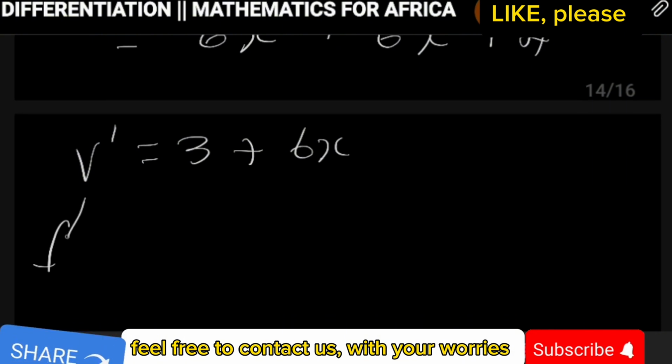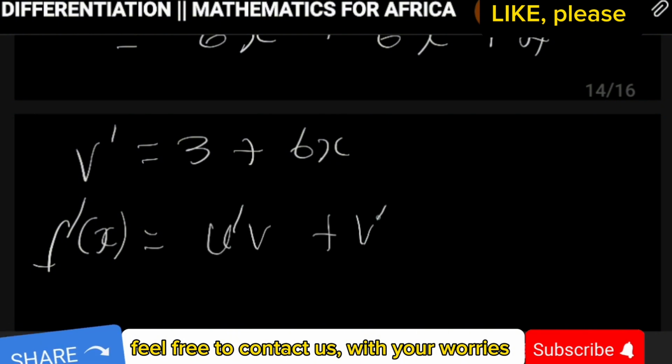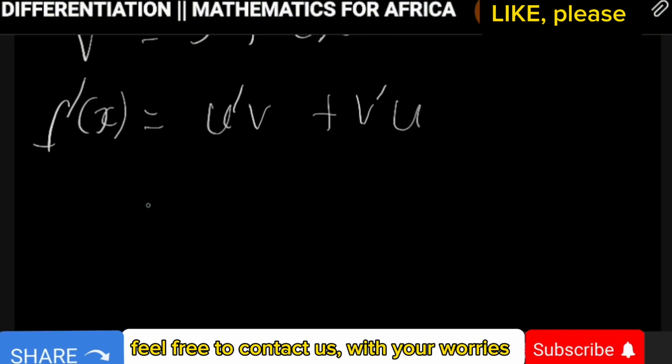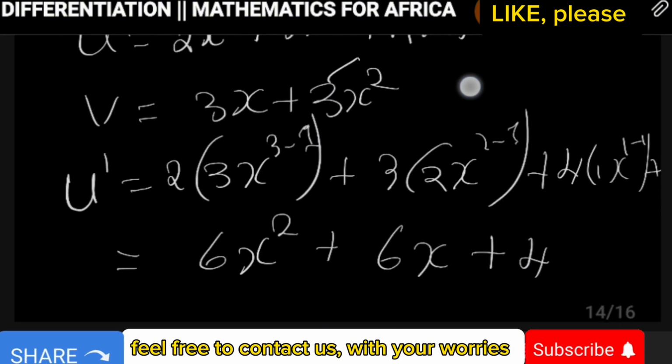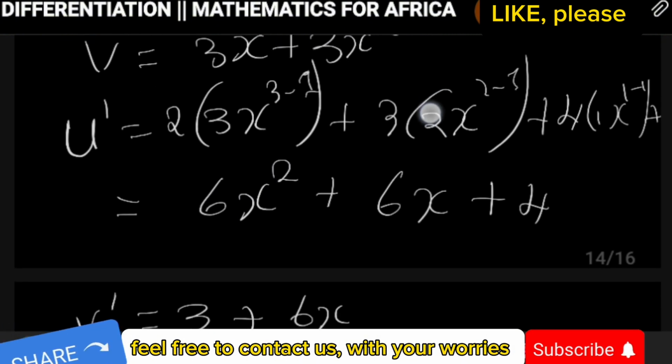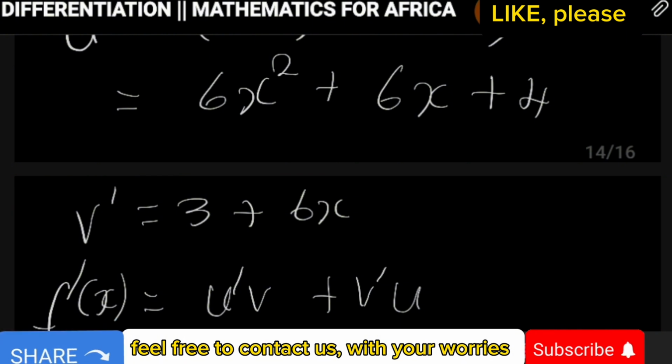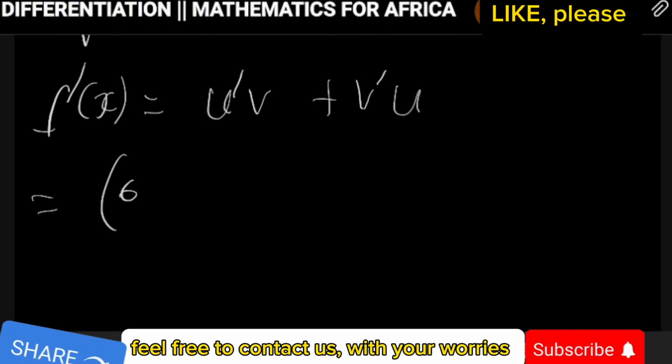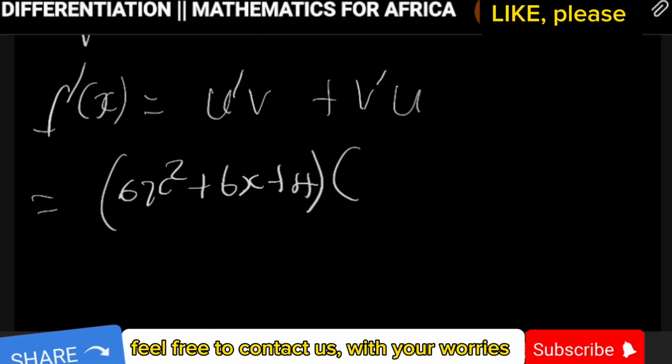And now our f prime of x will be equal to u prime v plus v prime u. My u prime is what we just got, which is 6x squared plus 6x plus 4. So it will be 6x squared plus 6x plus 4 multiplying our v.